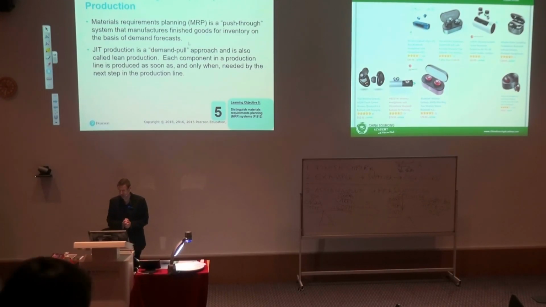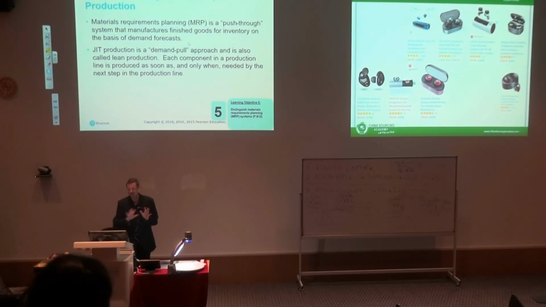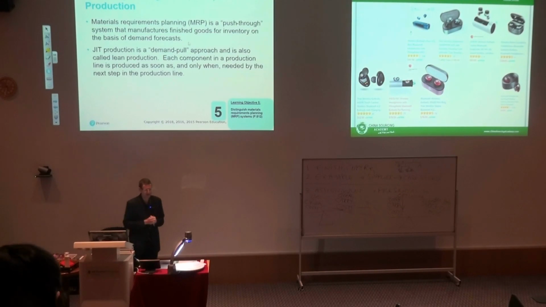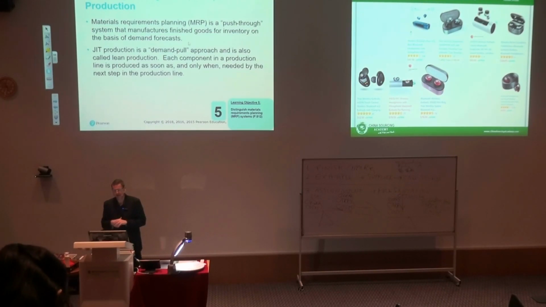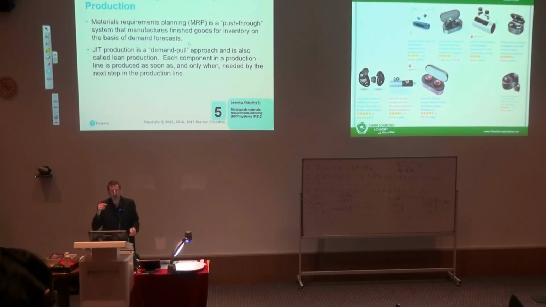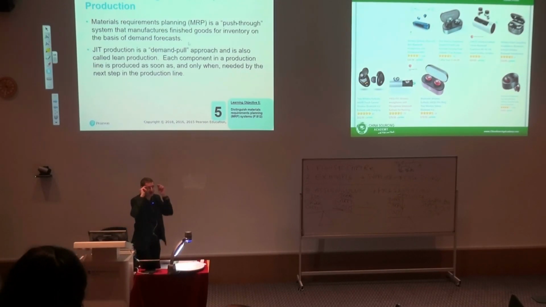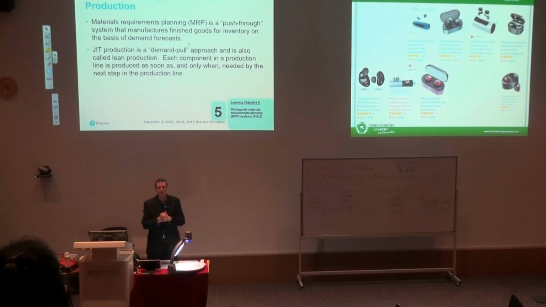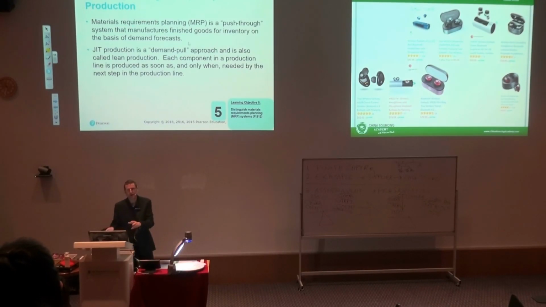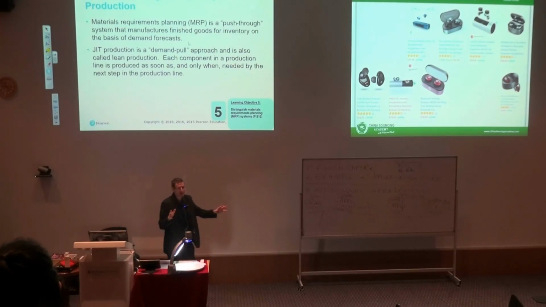Materials requirement planning is a push-through system, and the best example I can give you is what HTC talked about. Remember, when I spoke to the manager in HTC, I asked what is your biggest challenge? He said, my biggest challenge is getting the sales forecast right. If I can get the sales forecast right, I can run the whole supply chain like clockwork.